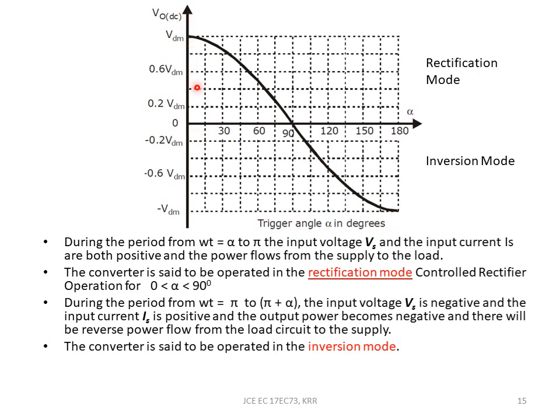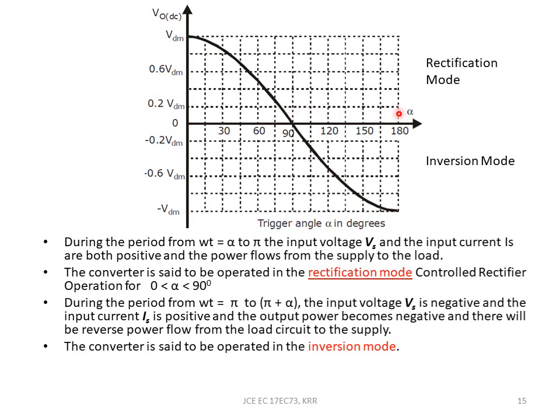We have plotted VDC here, and this is the angle, changing from 0, 30, 60, 90, 120, 150, 180. From 0 to 90 we see that the output voltage is always positive, and after 90 degrees, if I increase alpha, I start getting negative values and it reaches the negative peak. The positive peak is VDM.